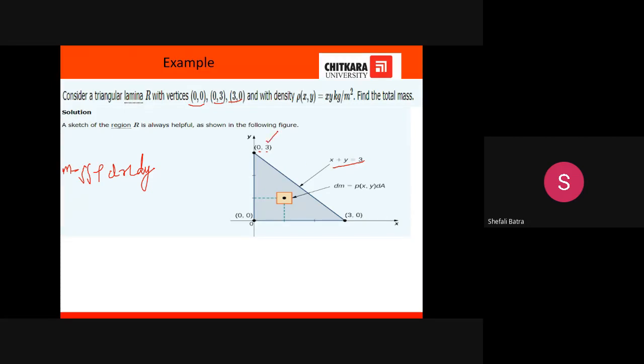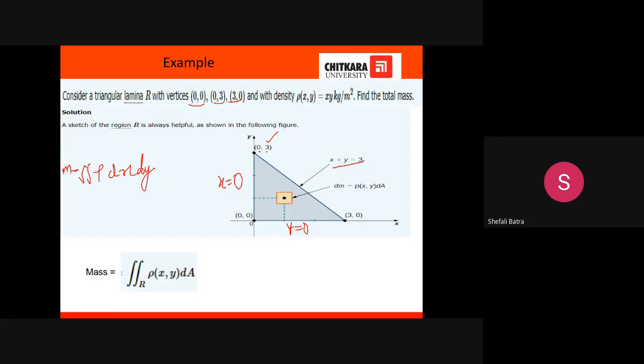This point is satisfied. And when you are putting x equal to 0, then y would be 3, right? So both points will be satisfied by this line. And this is the y-axis, that is x equal to 0. And this is the x-axis, so y is equal to 0. Right? So you have drawn this region also.